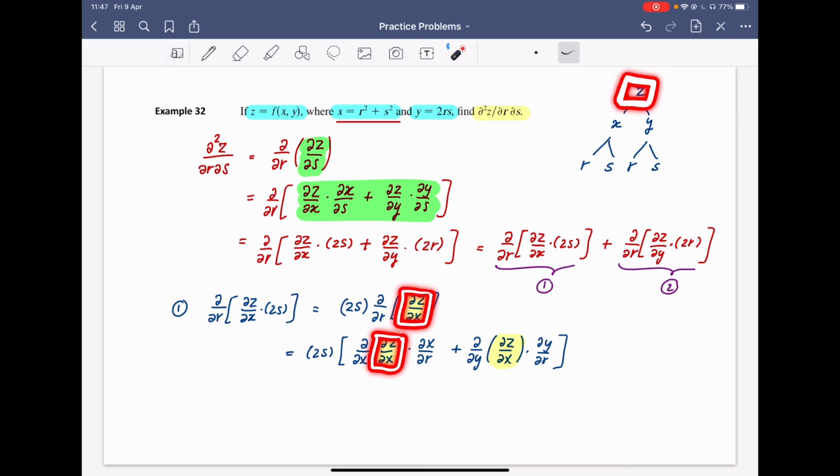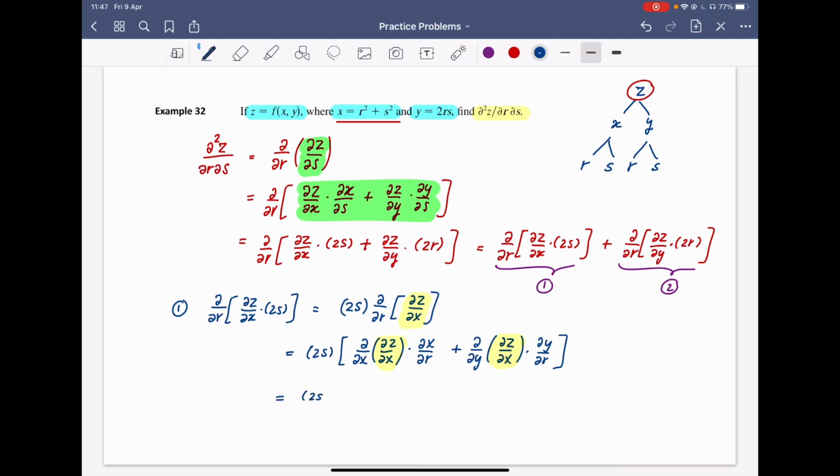So you can differentiate that thing with respect to x first, and then multiply ∂x/∂r. The same thing, you differentiate that thing with respect to y, and then multiply ∂y/∂r. And then you add them up together. This is by the chain rule, and this is your answer for this part. Well, you can simplify a little bit more.